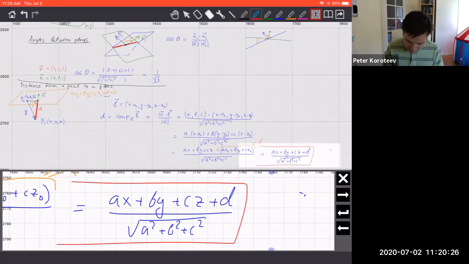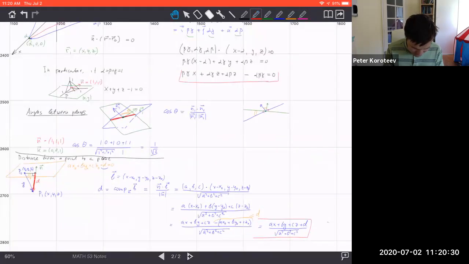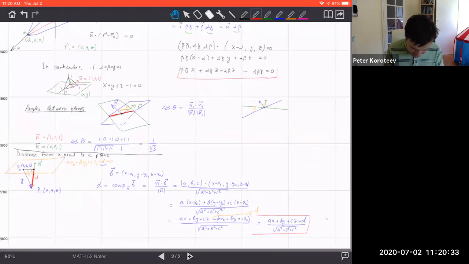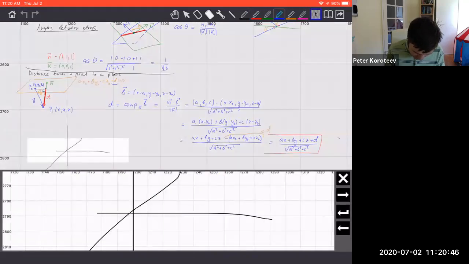Let's look at an example. In fact, let's get back to our favorite example with this tetrahedron. Maybe I can draw it again. And since it's a discussion, maybe I should let you do some of the calculation. So let's draw again this tetrahedron.